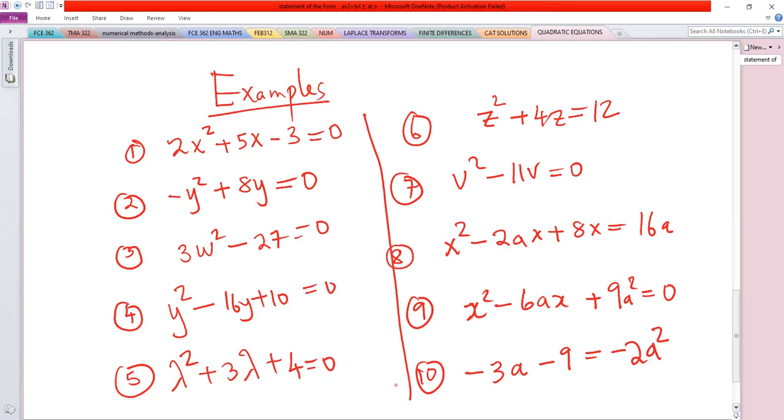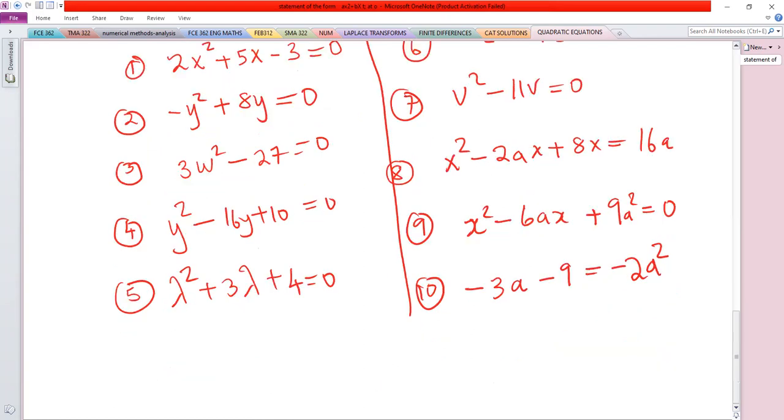So let's list methods of solving quadratic equations. And then in the next session, we'll see how to solve quadratic equations.